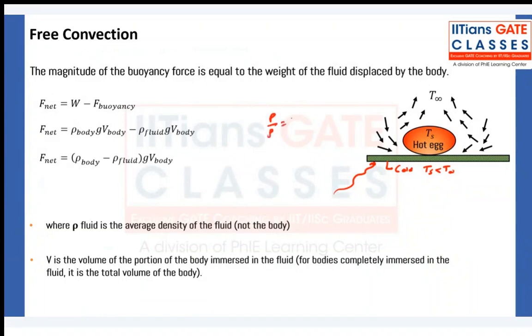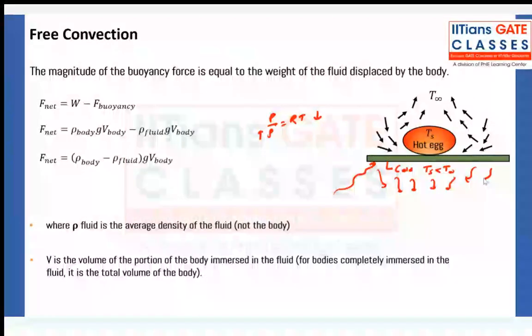Temperature reduces, density increases. Okay, so density increases, it will start moving downward. But basically, it is the density change that is causing the fluid to move. We are not using any external source, fan, blower, pump, or anything to move the fluid. It is only buoyancy forces that are caused because of the density difference.